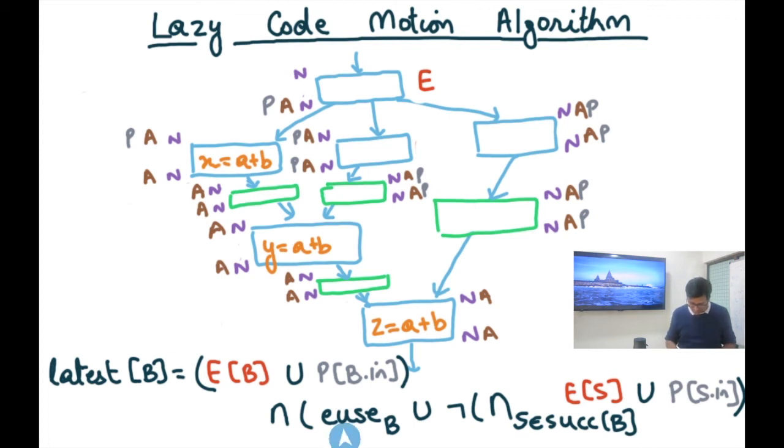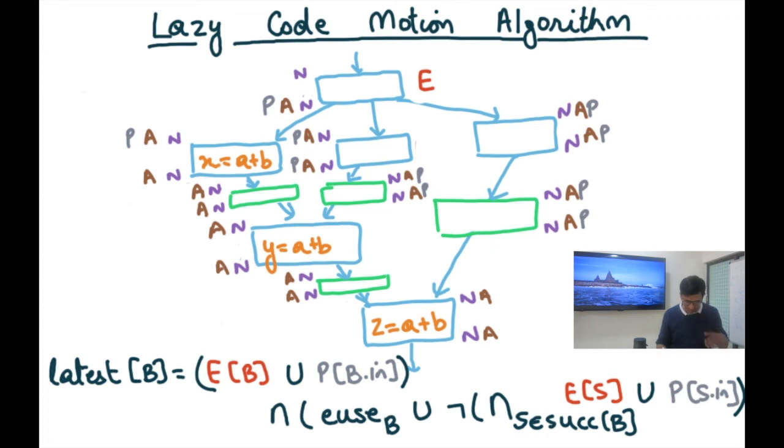So that's what this says, that for some successor, it should be true that it is neither earliest nor postponable in that successor. So that's what this expression means. And also, if it is being used in B, then I'm going to say that it's latest in that particular B.